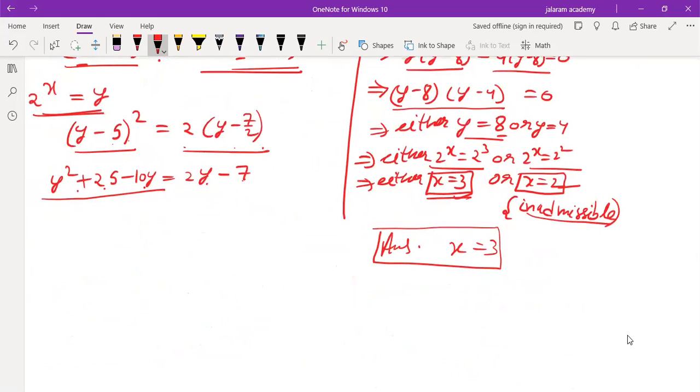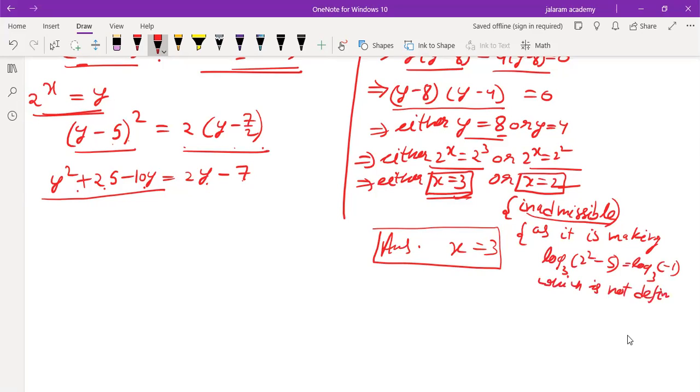You can write the reason, though it is not required: it makes log (2 square minus 5) base 3 equal to log minus 1 base 3, which is not defined. Okay.